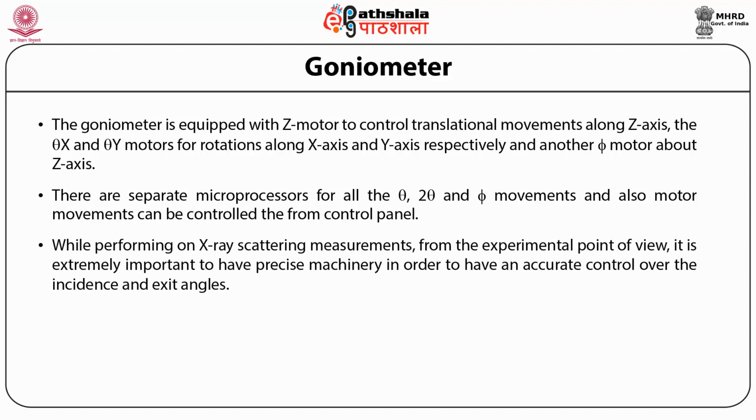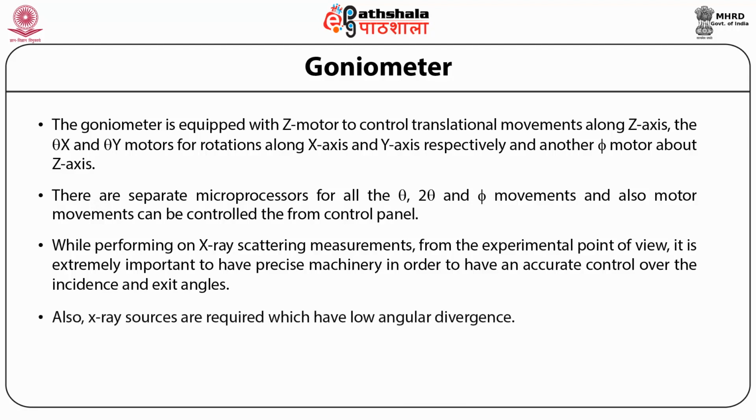While performing experiments on X-ray scattering, from the experimental point of view, it is extremely important to have precise machinery in order to have accurate control over the incidence and exit angles.